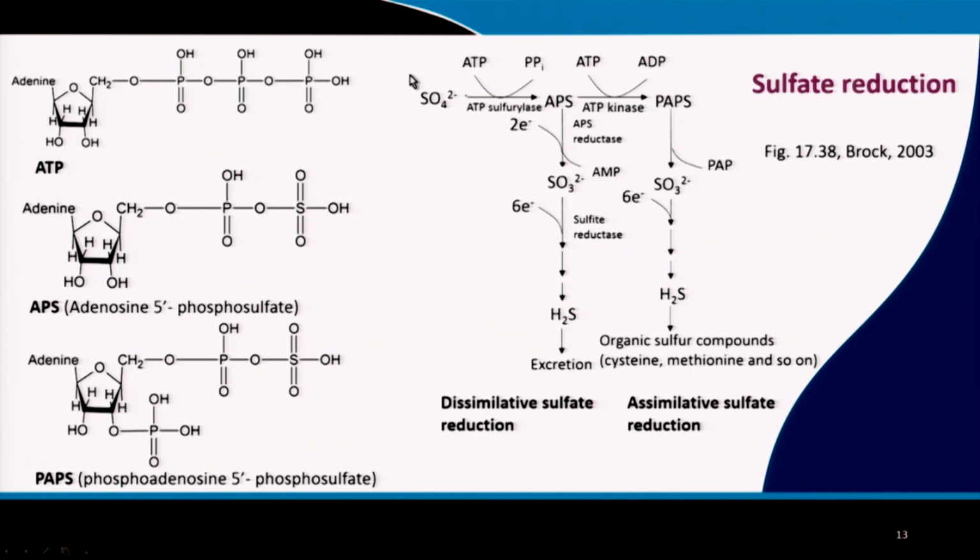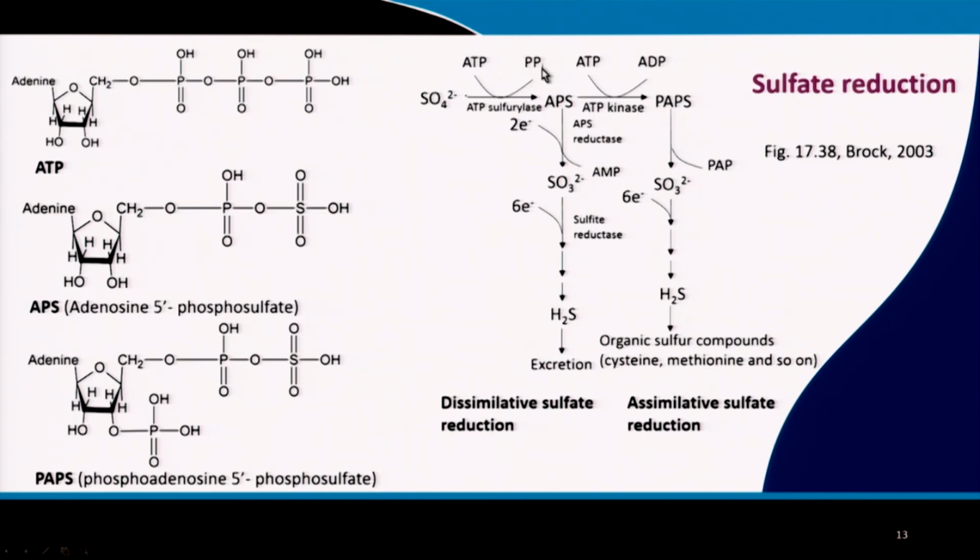One of the major compounds that is involved in this reduction of sulfate is called APS, and that is adenosine 5-phosphosulfate. So if you look at ATP, two of the phosphates in ATP have been replaced by a single sulfate, and that is what APS is. Now this adenosine 5-phosphosulfate is used to activate the sulfate molecule.